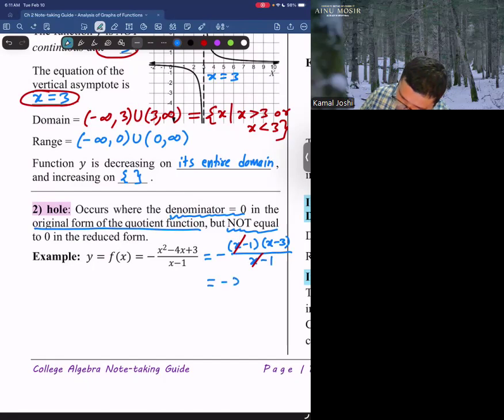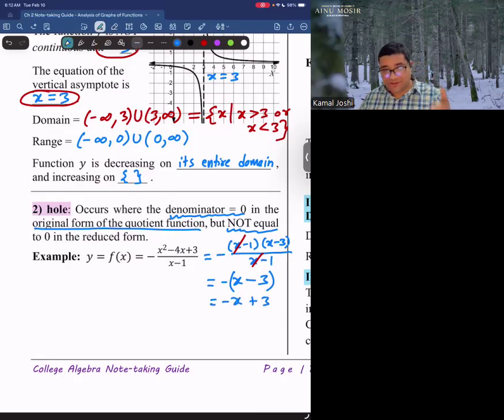That becomes minus x plus 3. The minus sign, I distributed it. Actually, let me take one step more and show it. So you have minus, and in parentheses, you have x minus 3. And when you distribute it, it becomes minus x plus 3.